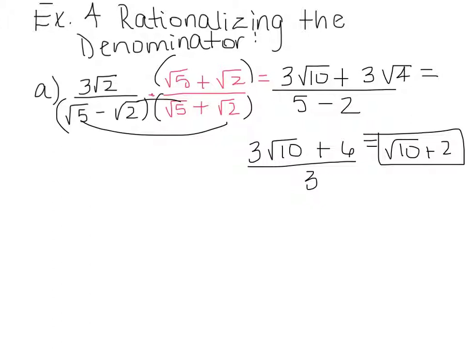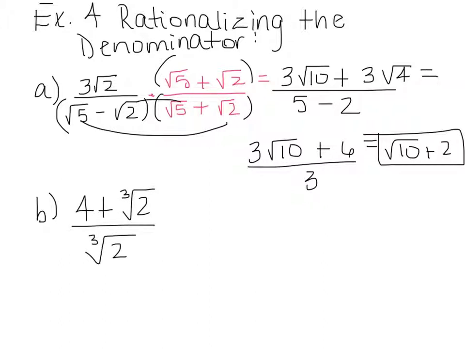And we'll try another one. Okay, so in order to rationalize this denominator, we would need 3 2's, and right now we only have 1.